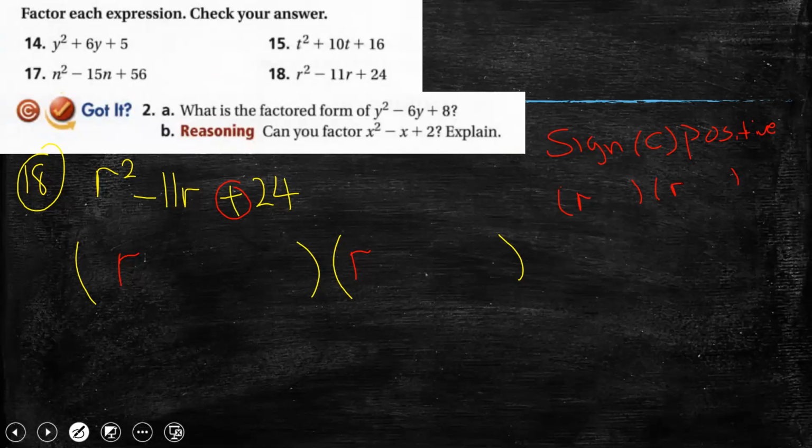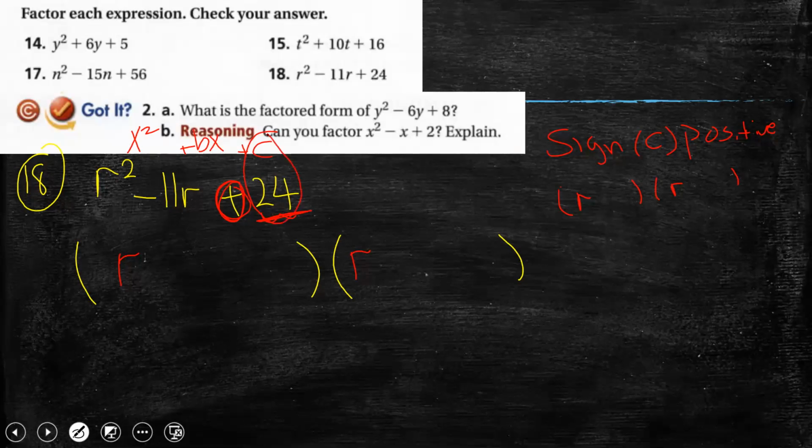You might ask, teacher, where did you get the sign of c from? Here it is positive. See, this is c, 24, which we said yesterday in x squared plus bx plus c. This is c.